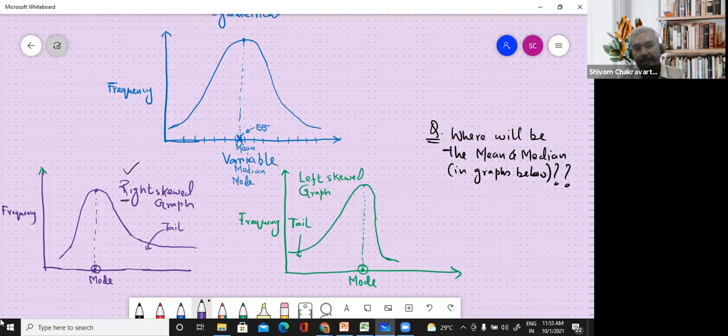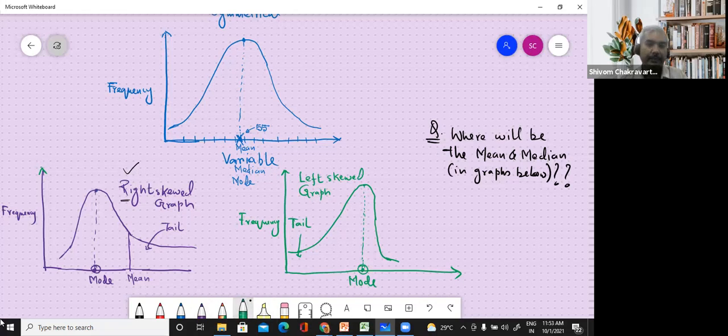So when more data is towards the right of this peak, mean will be towards the right of the mode. In right skewed data, mean will be towards the right. Exact position will depend on the data given, but this will always be the case. In a right skewed graph, the mean will be towards the right of the mode.